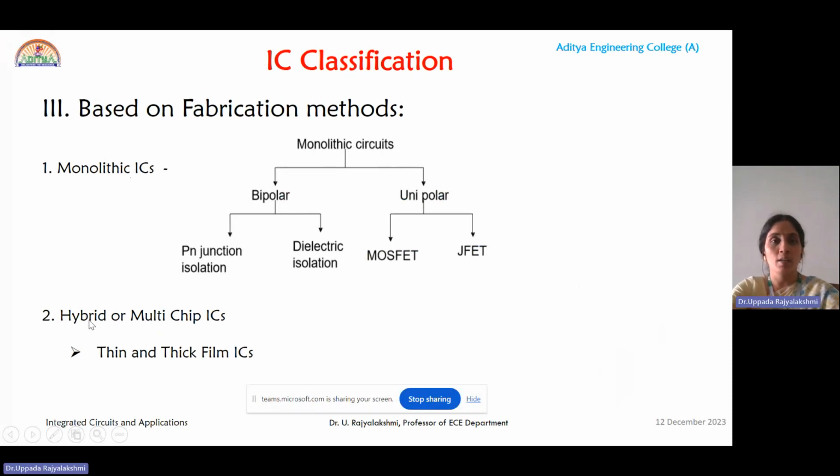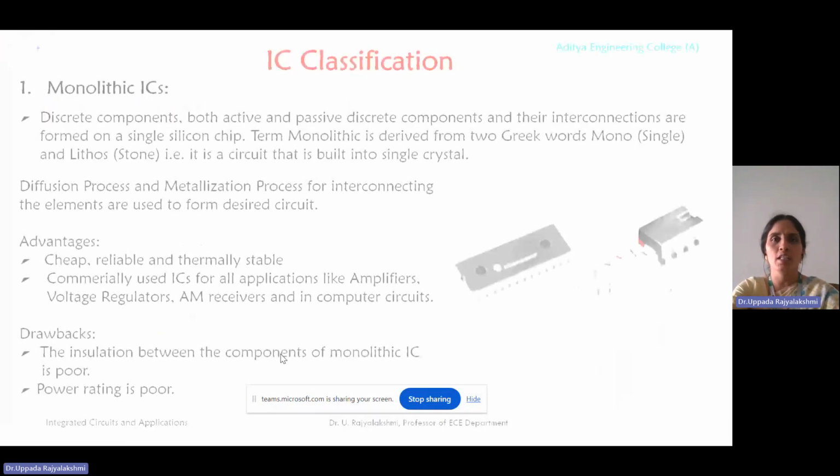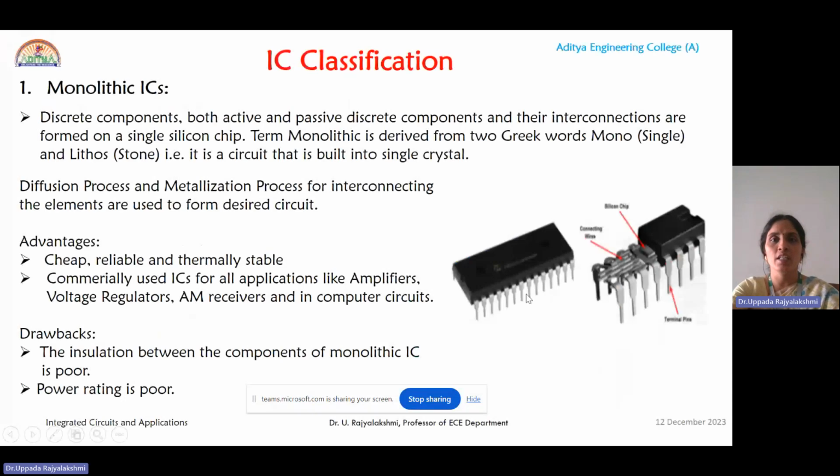And the second category is hybrid IC or multi-chip IC. Here, in order to fabricate this hybrid IC, multiple monolithic ICs are used. The best example of this is thin and thick film IC. In the figure, you can see the monolithic IC. And here for interconnecting all these elements, the passive and active elements, we are using the diffusion process and metallization process.